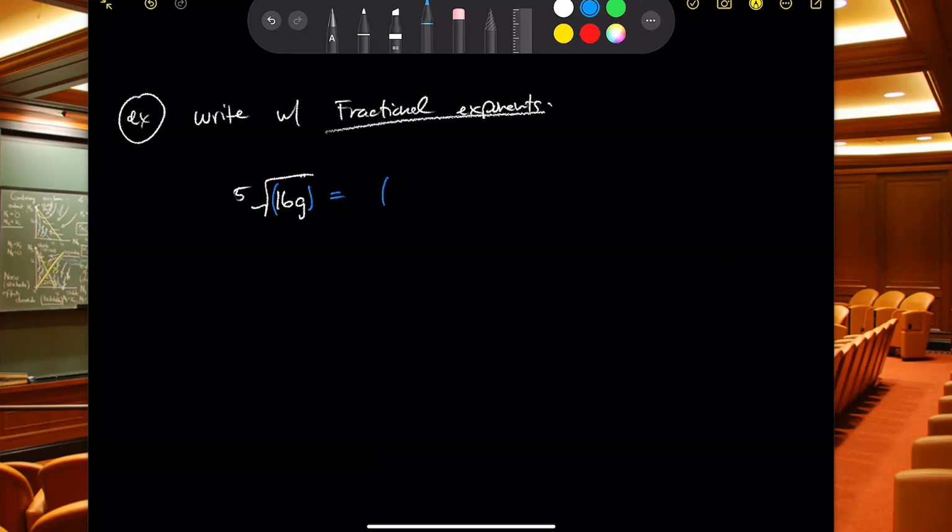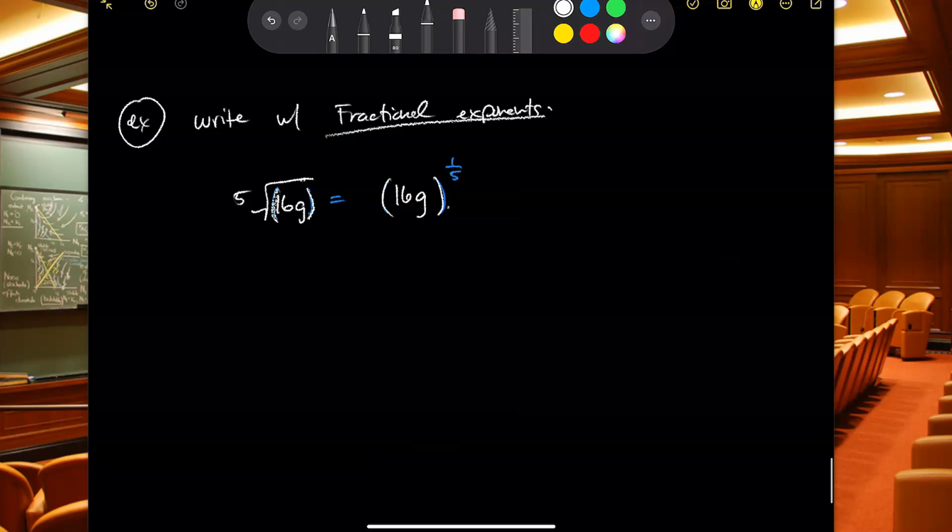Which means it's going to be this whole thing to the 1 over 5th power. And then whatever was in there to begin with is just 16g to the 1/5. So for us to do this, the key thing is to notice where these implied brackets are. And what this really means is just the fifth root of what's inside.